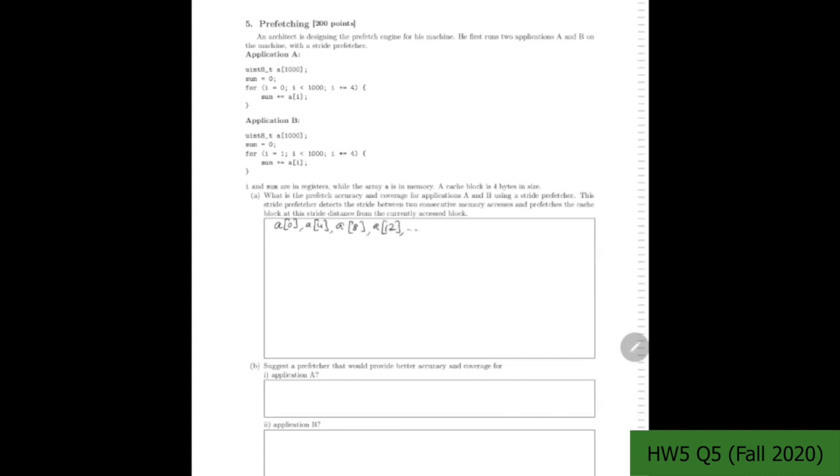So in total, application A would create 1000 divided by 4, that's 250 memory requests.